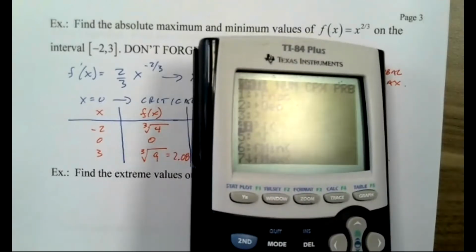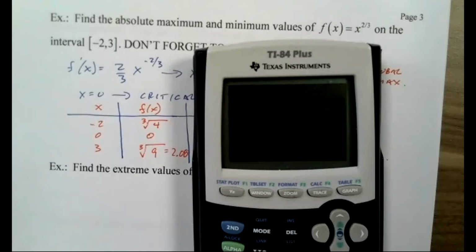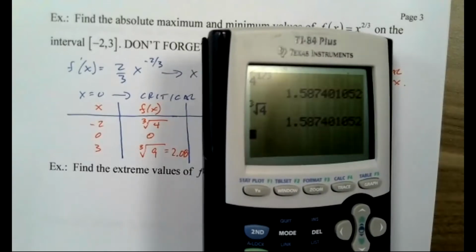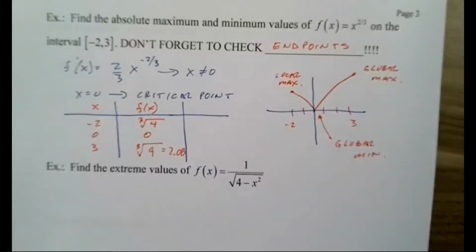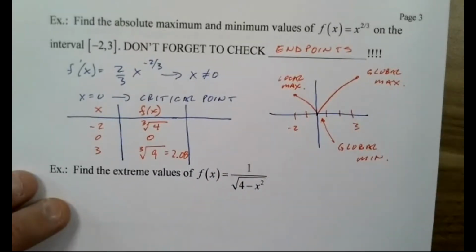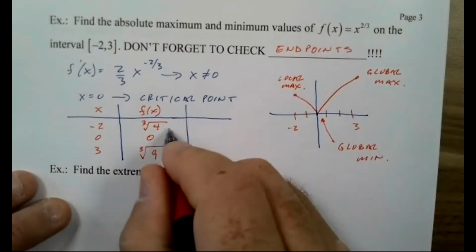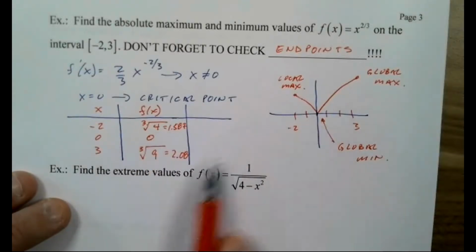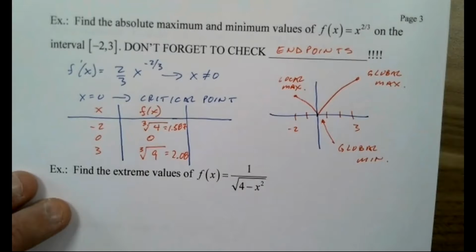Enter. Oh, look at that, same thing. So either 1/3 power or third root, they both work. So it's like 1.587. I really should go to 3 decimals. I mean, I could tell from the graph, but hey, it's never a bad idea to check here.